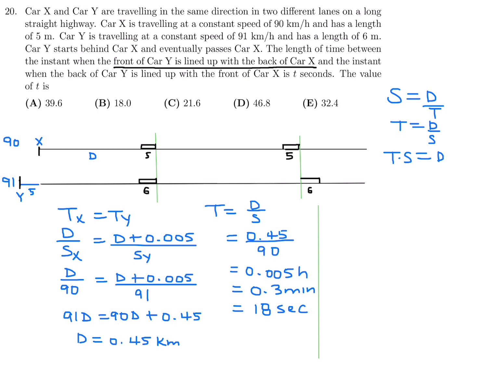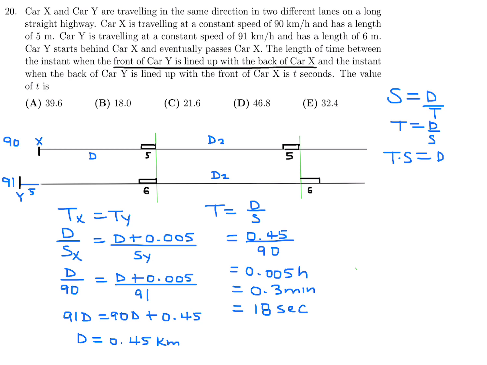Now we turn our attention to the next part, which is from here to here. That distance I can call D2, and then this distance is D2 plus 6 meters, because we're calculating it from here to here.